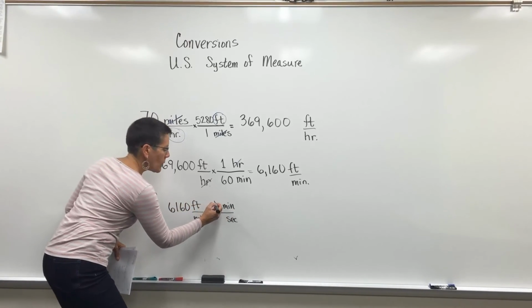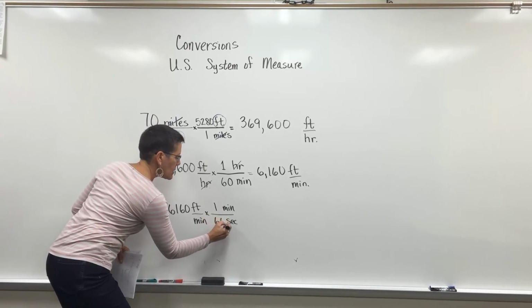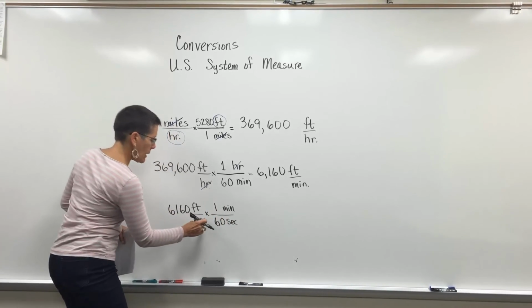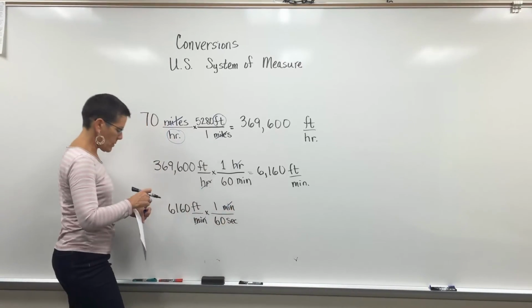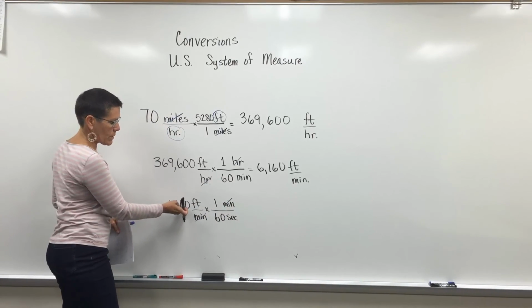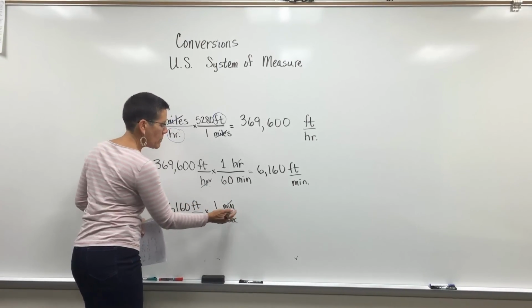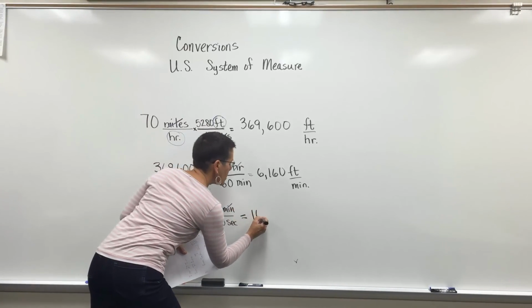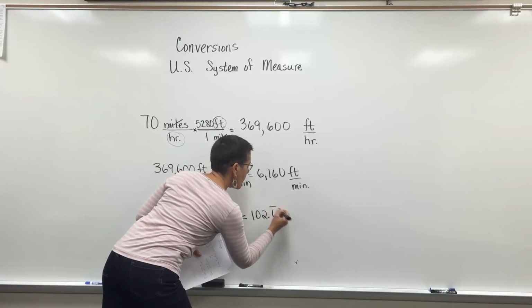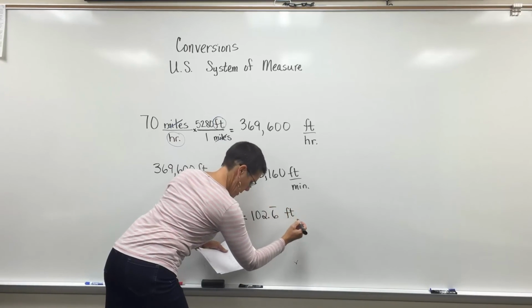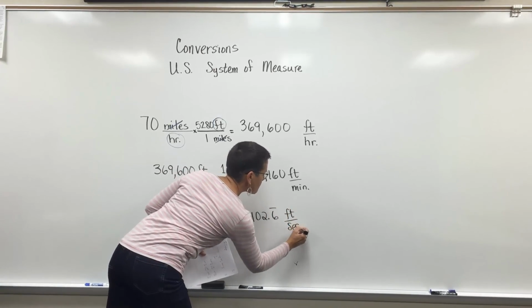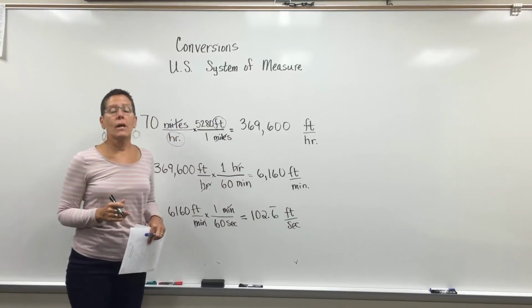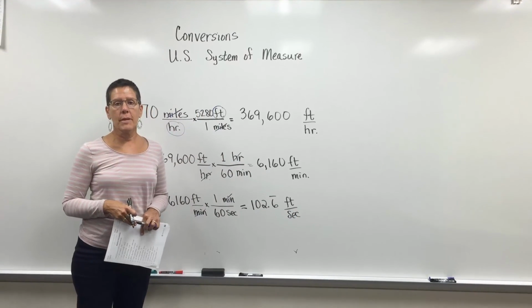I happen to know that in 1 minute, there are 60 seconds. And I can remove this common factor. When I take 6,160 and divide by 60, I get a result of 102.6 feet per second.